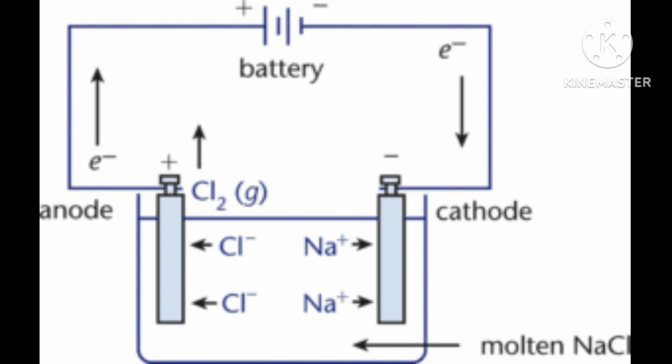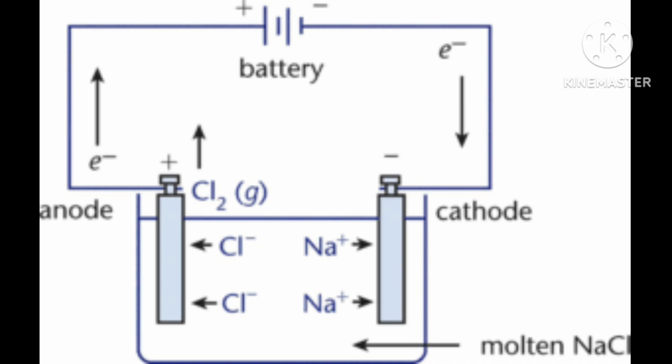Chlorine also, chloride ion is converted into chlorine gas. Now who is alone? Hydrogen. Then H+, after taking the electron, reduction will take place: H+ plus 1 electron gives half H2.